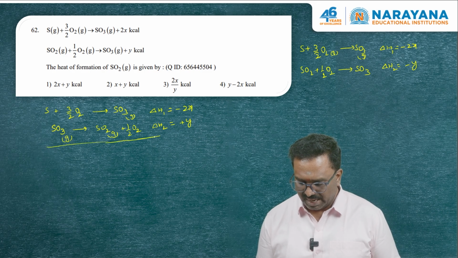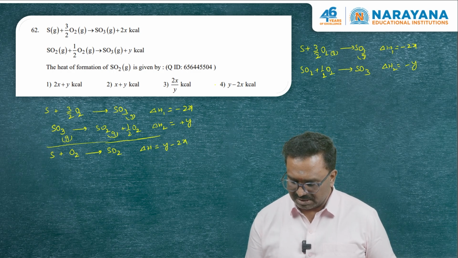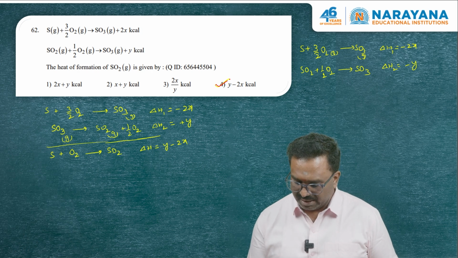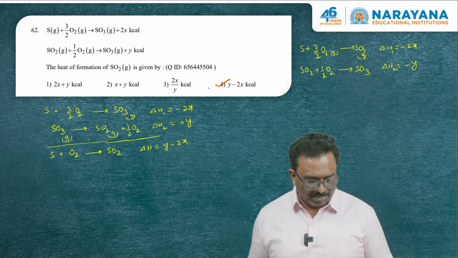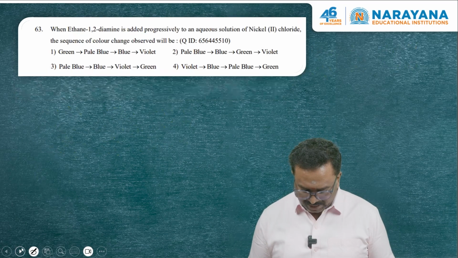Now, by simply adding these two, sulfur with O2 forms SO2. So, the resultant delta H is y minus 2x. So, y minus 2x is at the fourth option. We can identify here this is the more appropriate answer for that given. Let me proceed for this.